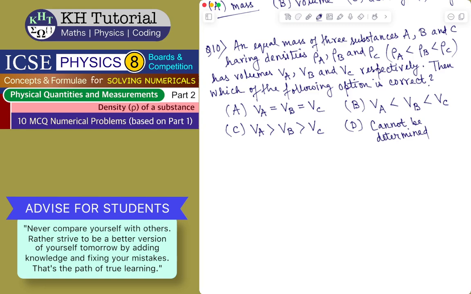Okay, and they are having volumes VA, VB, and VC respectively. Then which of the following options is correct? So the choices are asking how the volumes of the three substances are related.